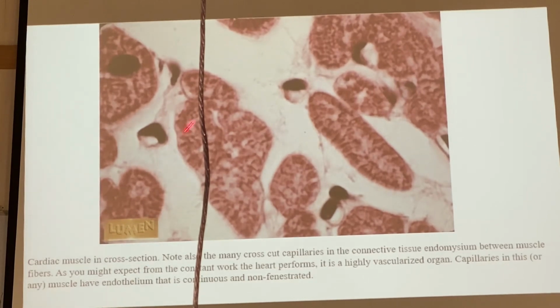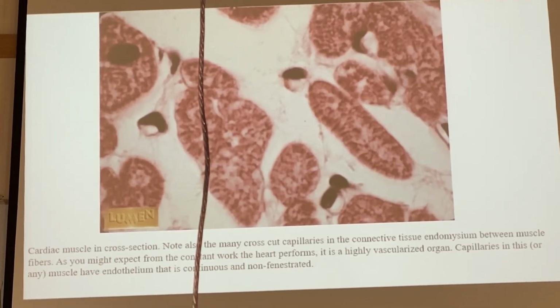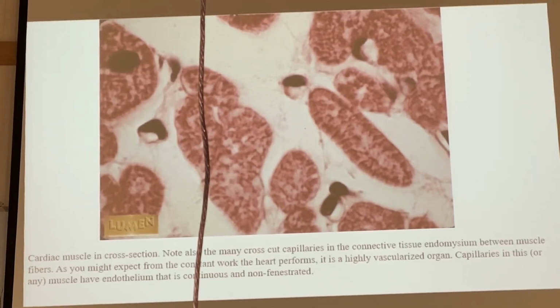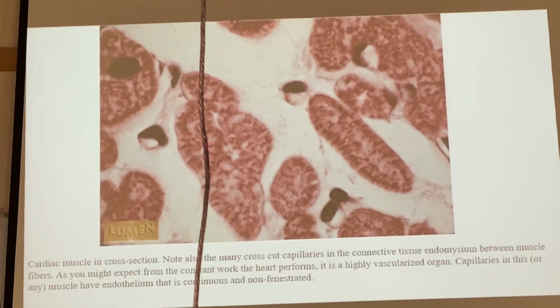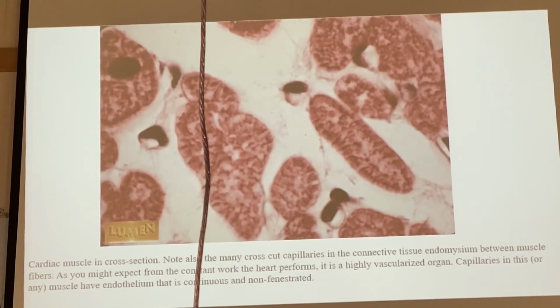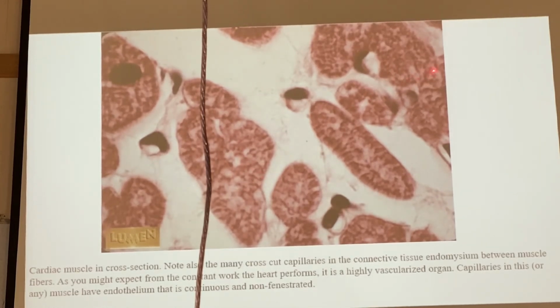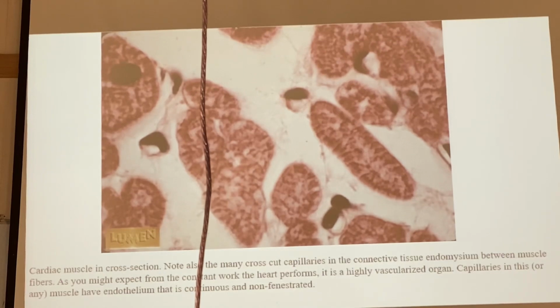Now, you may also be asked about this cell. This is a fibroblast cell, because it's connective tissue, and there should be a fibroblast which produces the connective tissue elements in that area. Now, look at the cross-section of the myocytes. These myocytes are highly vascularized.